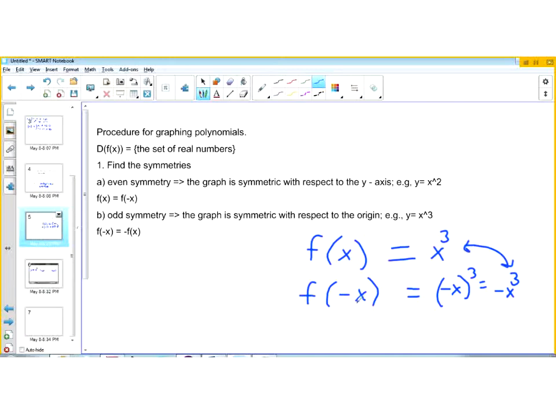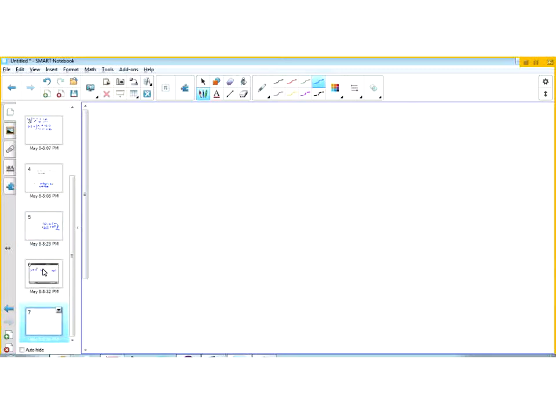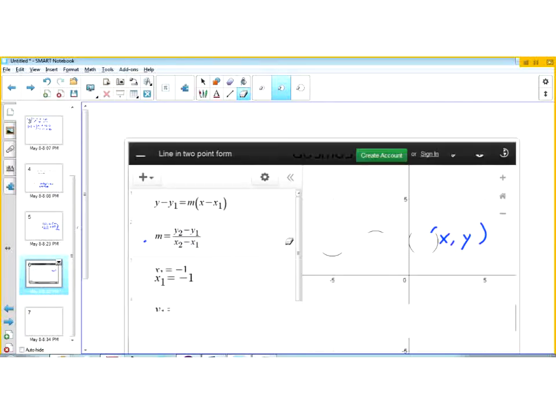And you can readily tell f of negative x, right here, f of negative x is equal to the negative of f of x. Okay, and so when you see this appear in your analysis of functions, you'll know that you have symmetry with respect to the origin. Okay, so let's see what that would look like for this graph.